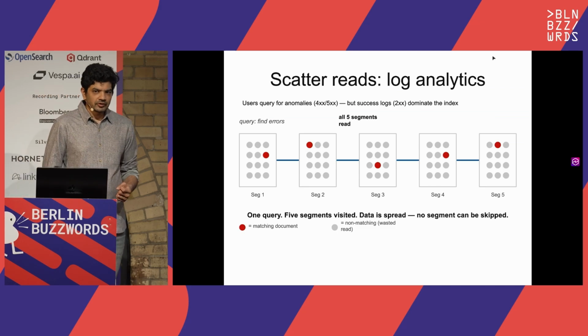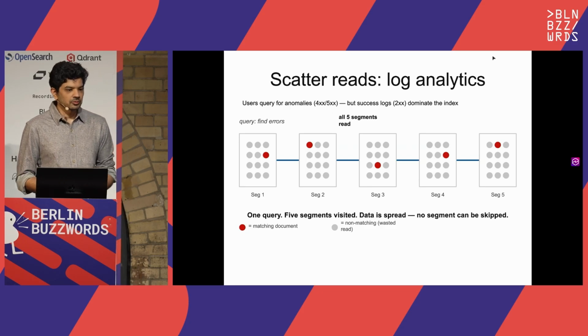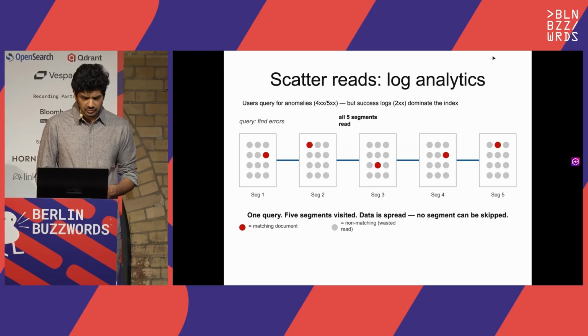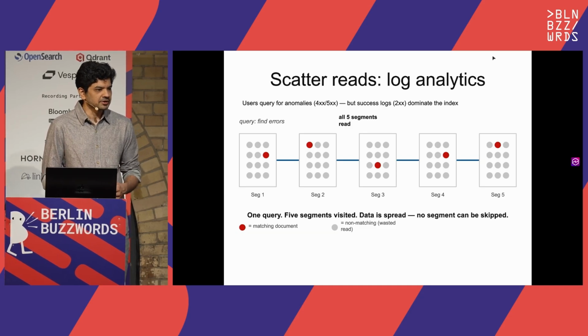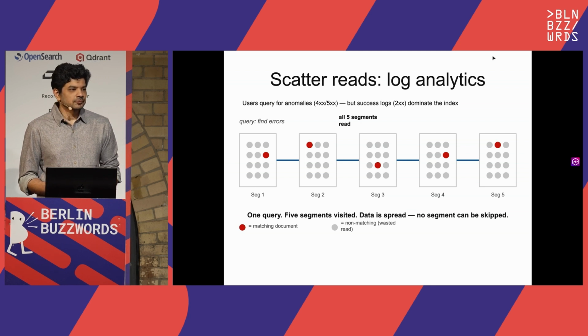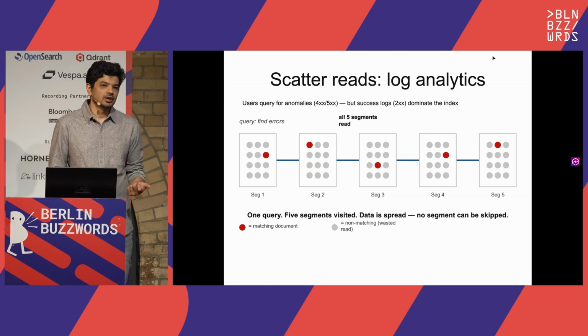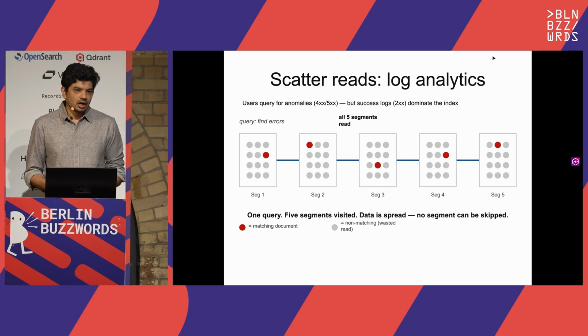Before diving into context-aware segments, let's understand a couple of use cases just to highlight the problem here. Here I'm taking an example of a very common HTTP log analytics use case. In most of these workloads, you will have relatively more success 200 codes compared to your error logs, mostly in the production environment.